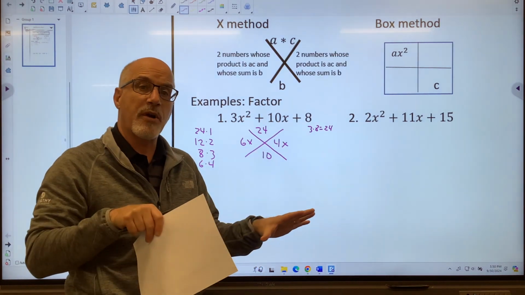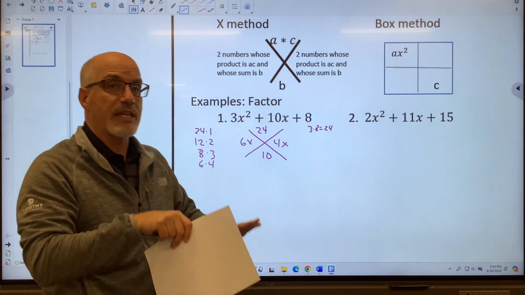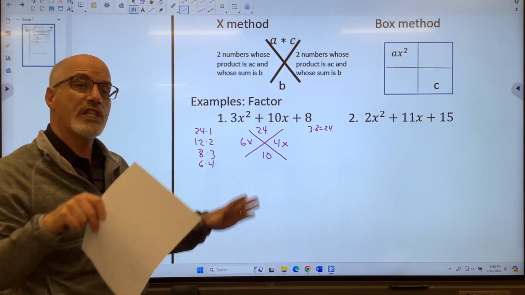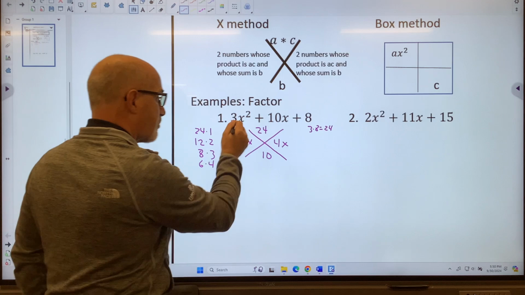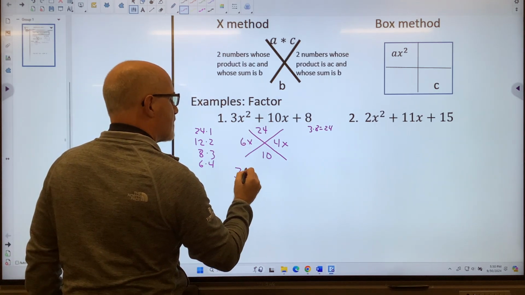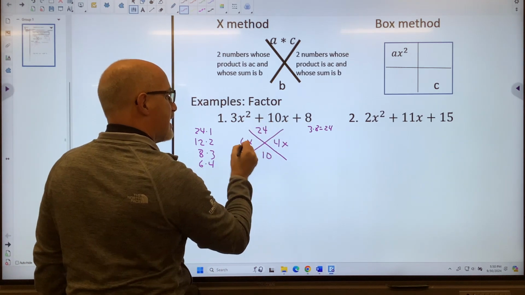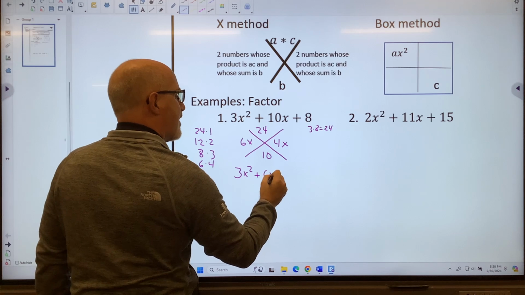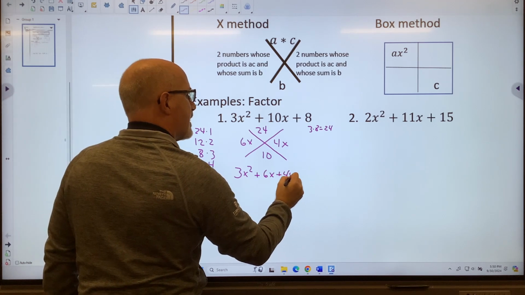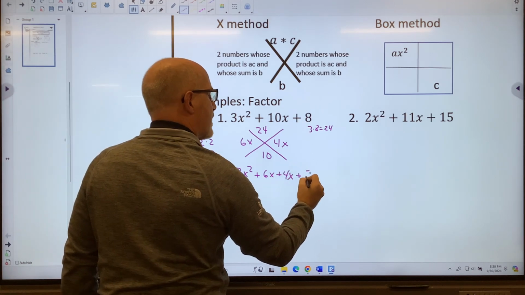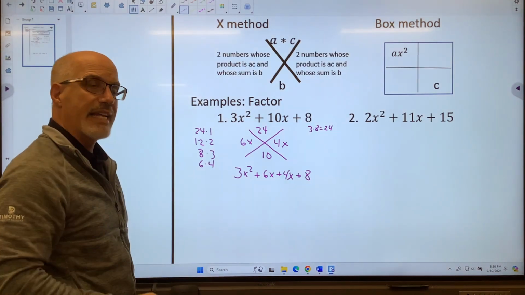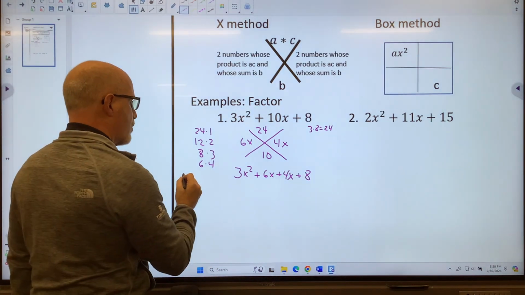Now we're splitting it apart. That's because factoring is splitting apart or undoing the multiplication. So list the 3x squared. We're going to split apart the 10x into 6x and 4x. And then we've got the plus 8 out here where we just bring it down. Now I'm going to do what's called grouping.